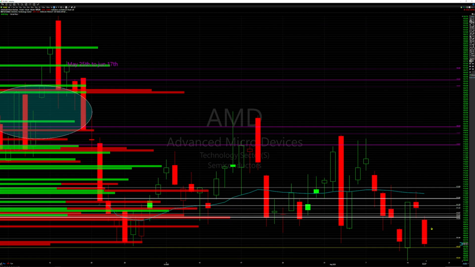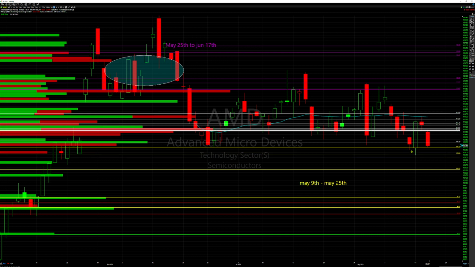So if AMD is able to create some type of pattern, like if we bounce and we come up here and push up to here, what kind of pattern could be in the works? Well, possibly an inverted head and shoulders, right?